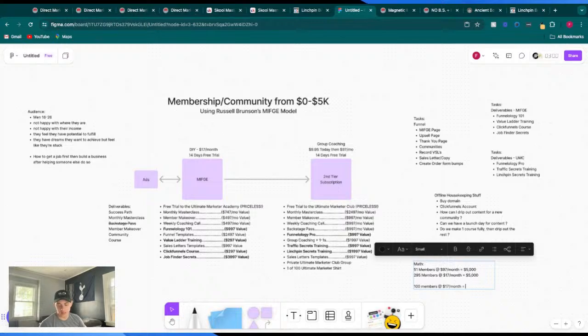So 51 times 40 equals 2,040. So we would get an extra 2,040 in commissions for 51 members.